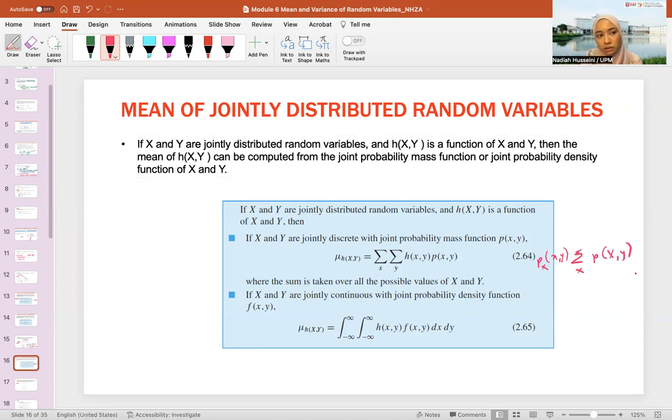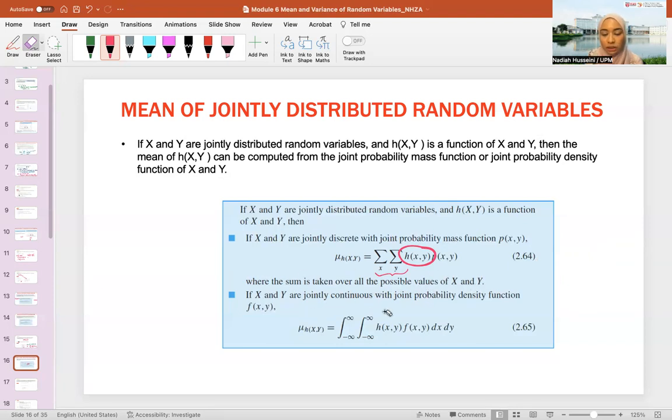This is the marginal probability distribution. This one is the mean. It looks the same, but it's not. You have this addition here, and you also have the summation over both x and y, where the sum is taken over all the possible values of x and y.